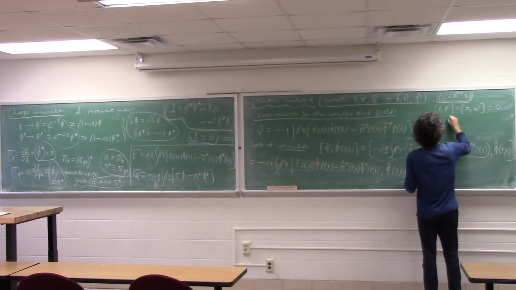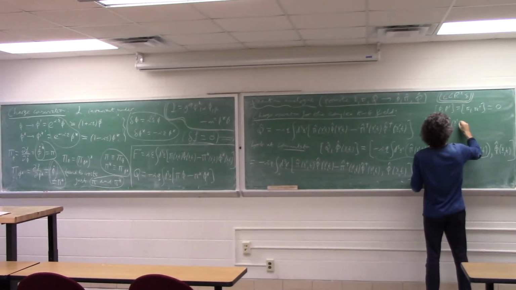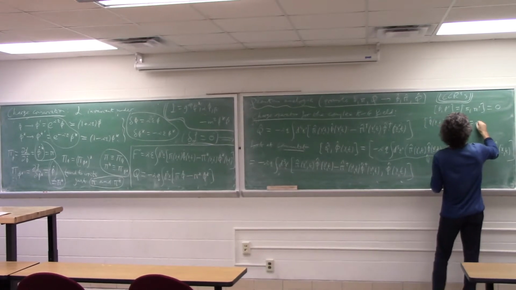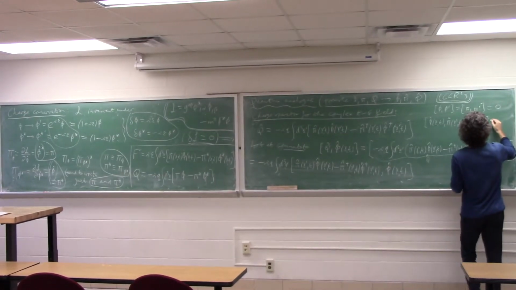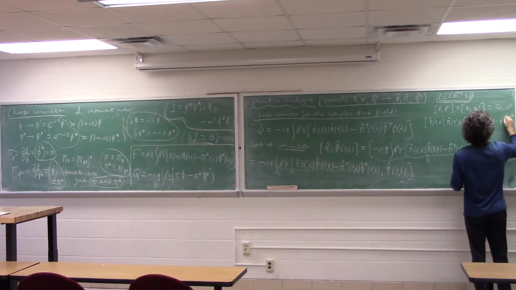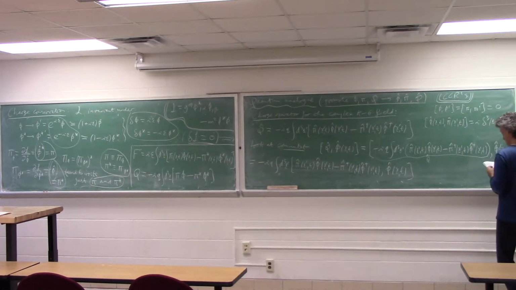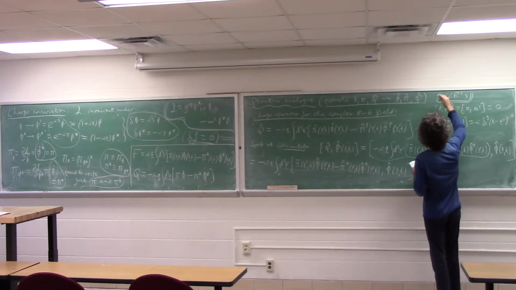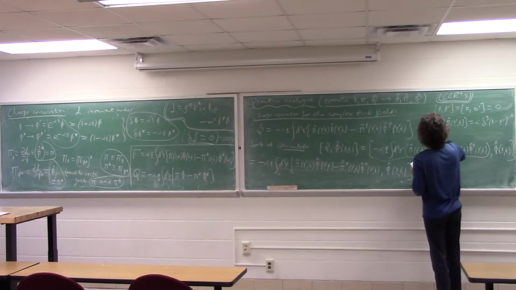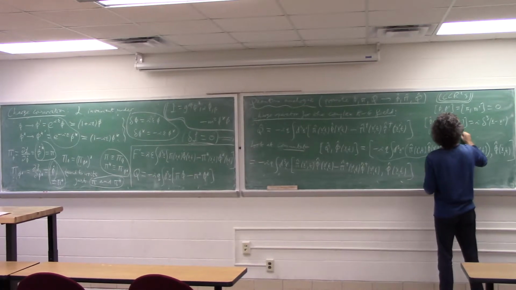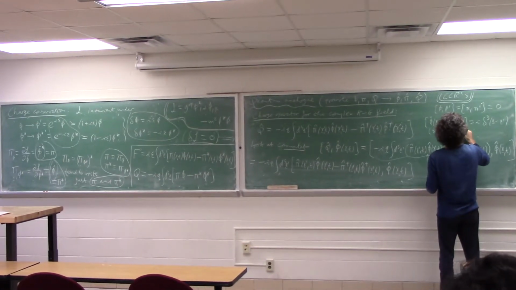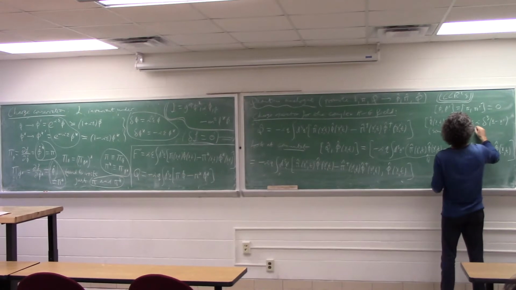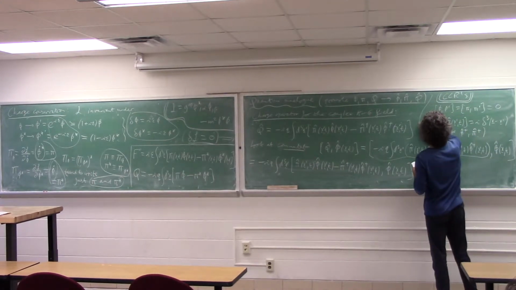Whereas writing it out, phi hat xt, pi hat x prime t is equal to i times the delta function, and similar for phi hat dagger, pi hat dagger.